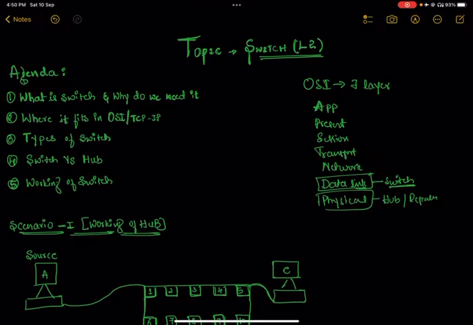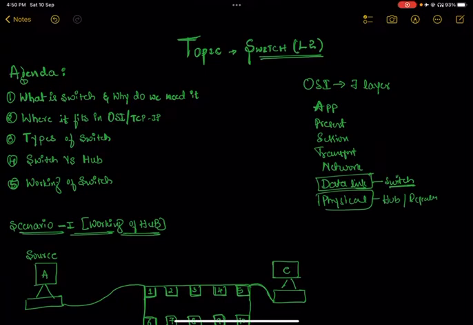As you have already gone through the hub and the repeater in our previous class, I will just brief up the difference between the repeater and the hub, with comparison to switch, and that would answer our first question here.